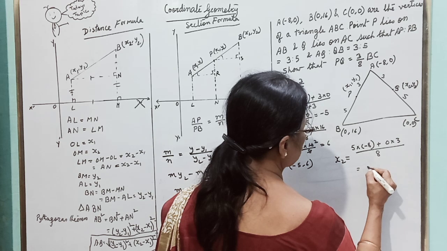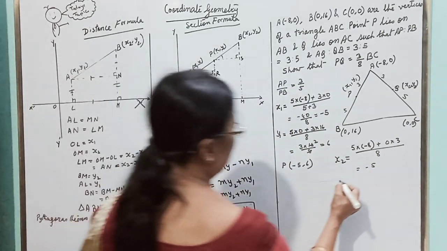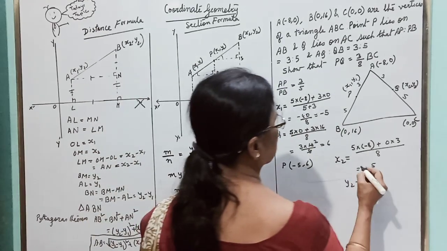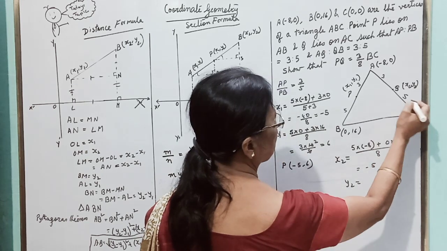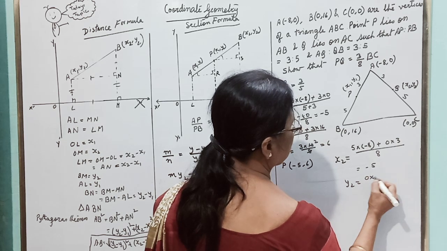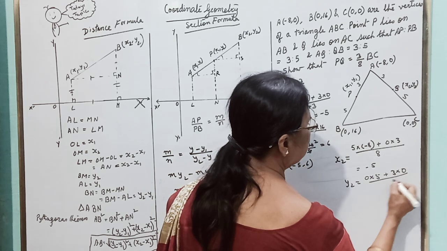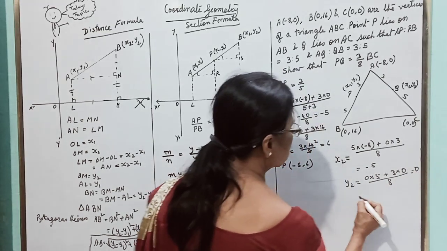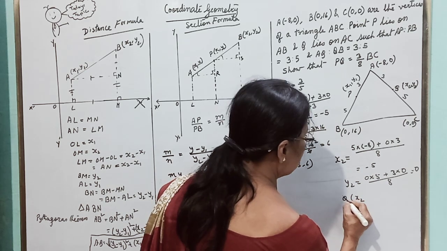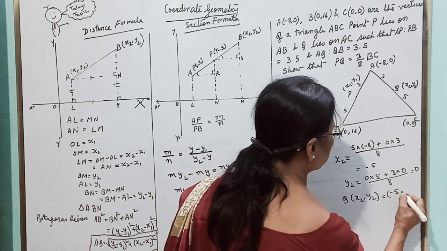So this is equal to minus 5. Now what is y2? y2 is equal to 0 into 5 plus 3 into 0, divided by 8. So this is 0. So Q (x2, y2) is (-5, 0).